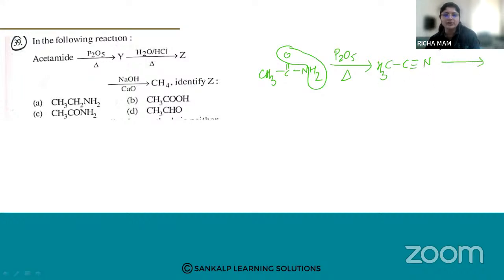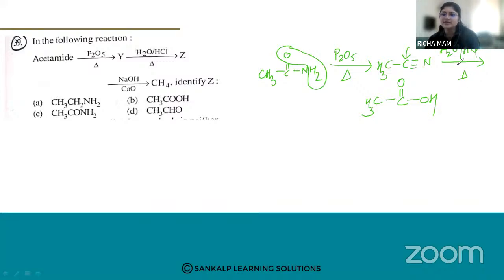This further, I'm going to treat with H2O in the presence of HCl. Again, I have to heat. Then I'll get CH3, C double bond O, OH, with H2O adding across it.